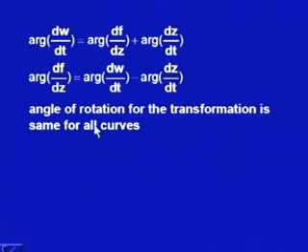That means if we take two curves in the z plane, then the corresponding two curves in the w plane will rotate by the same angle, and so the net effect will be no rotation.